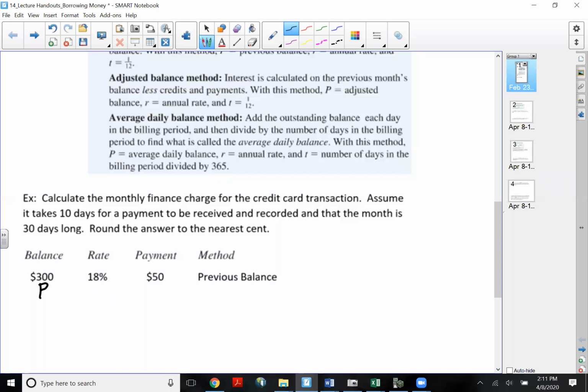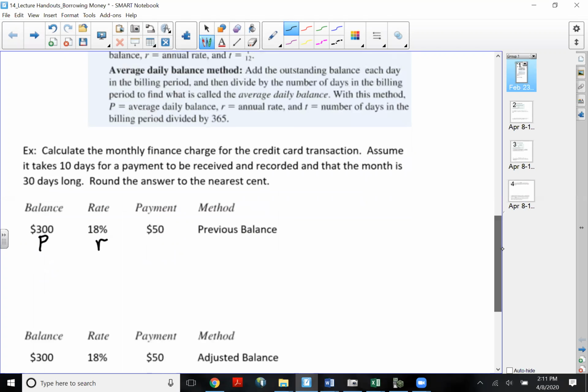This is my rate, and I don't need my payments for the previous balance method, because in order to find interest, all I gotta do is take my previous month's balance times my interest rate times my time, which is 1 month out of 12 months in a year.